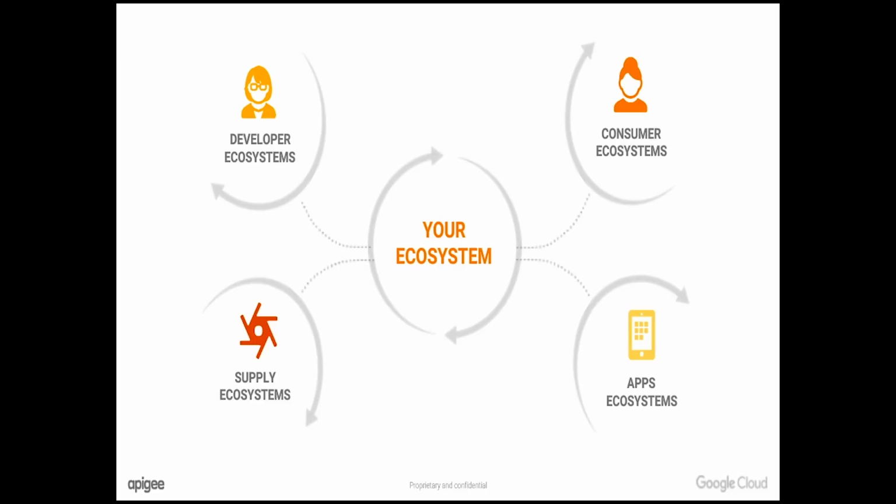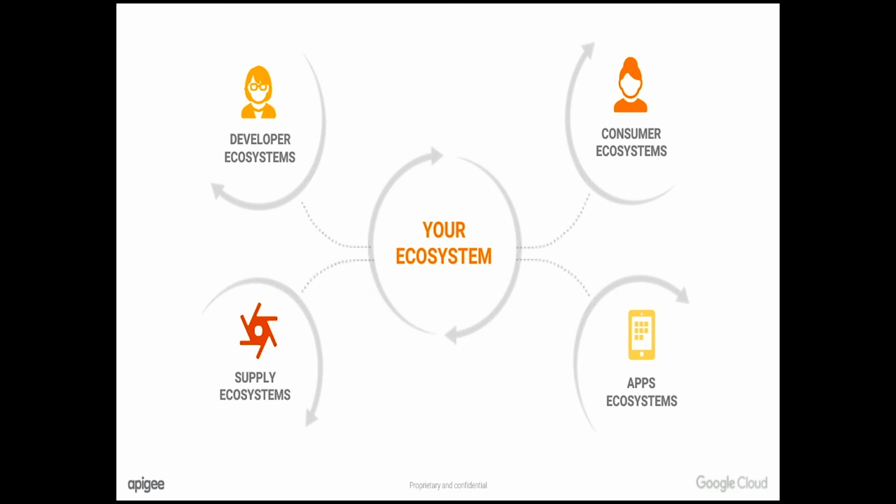So I've taken a very fast path through tons of things that you're going to worry about as you build your ecosystem. You can think about your own platform, your own virtuous cycle shown in the middle, or you can connect with developer ecosystems, supplier ecosystems, consumer ecosystems, we talked about them, or even app ecosystems and others.